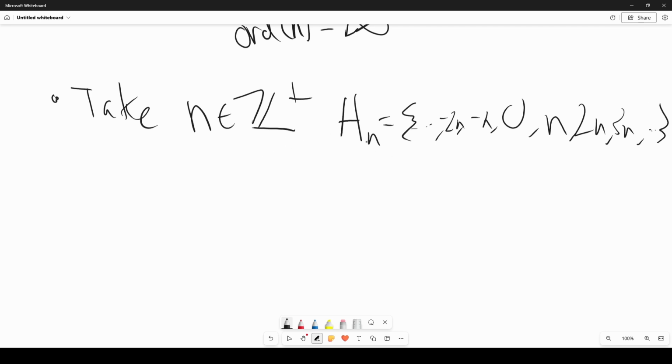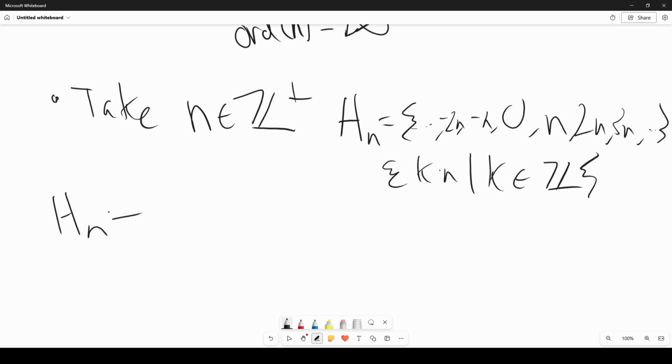So this is basically anything of the form k times n, where k is an integer. And my claim is that hn is a subgroup of G. Let's see why that's the case.